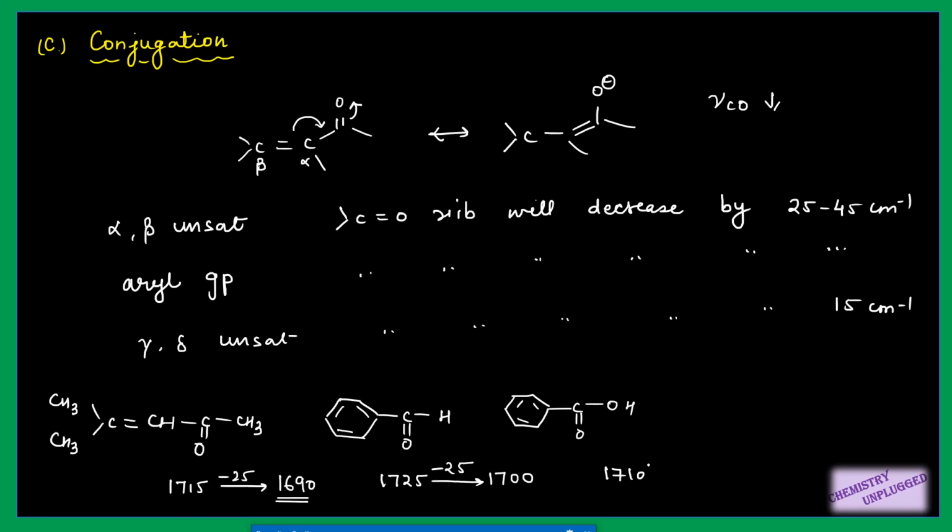It will decrease by 25 or 30, and you will get a value close to 1680 centimeter inverse, right? So in this way you have to calculate to find the exact position of your CO peak.